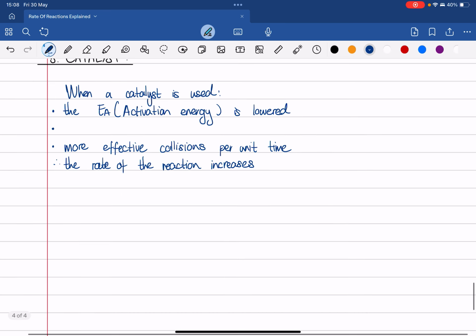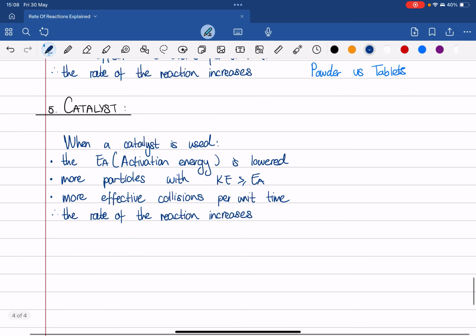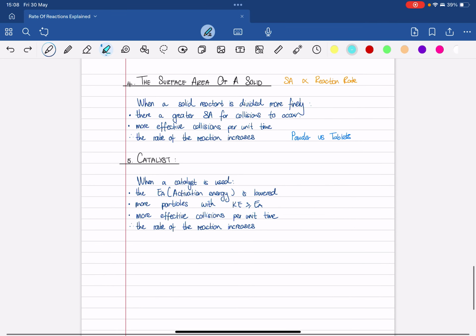And when the activation energy is lowered, what then happens is that you have more particles with a kinetic energy that is greater or equals to the activation energy, right? Because you've kind of lowered the standard, and that's what a catalyst does. It lowers the standard. So because the activation energy is less, you've got more particles that have a kinetic energy that is sufficient, right? Sufficient energy. And therefore you will get more effective collisions per unit time, and therefore the rate of reaction will increase.